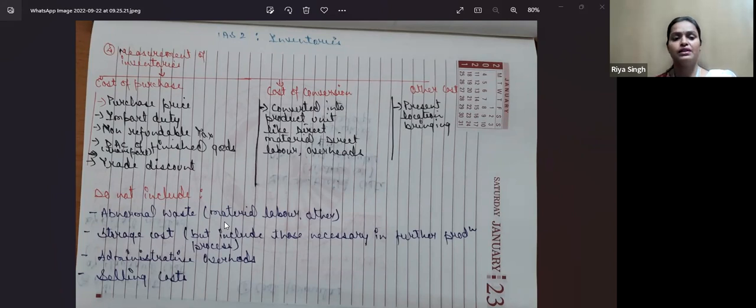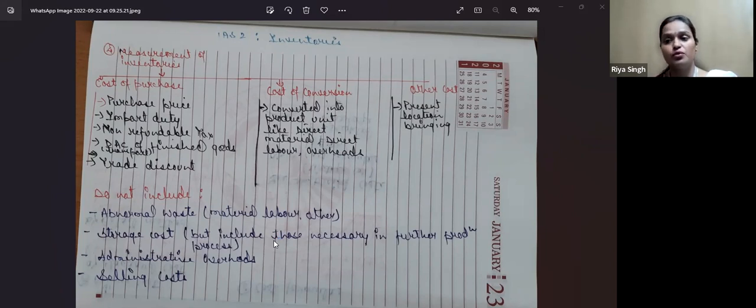For example, if any loss has happened because of an earthquake or a flood that destroyed your raw material or finished goods, in that case we are not going to take that loss in the cost of the inventory. Second is storage cost. Storage cost here means after making that product, you just keep it in the warehouse.